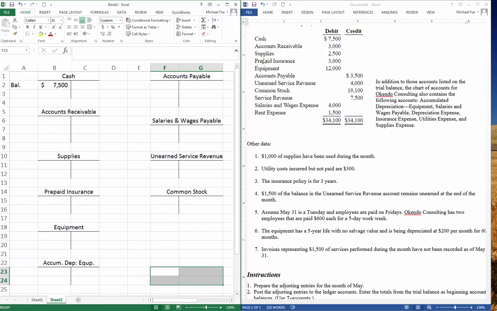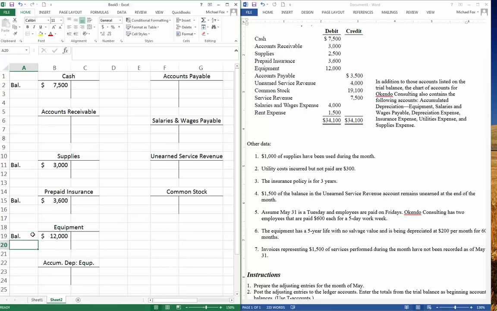All right, anyway, so I'm going to go through and do the balances. Supplies had a starting balance of 3,000. Prepaid insurance had a starting balance of 3,600. Equipment had a starting balance of 12,000.